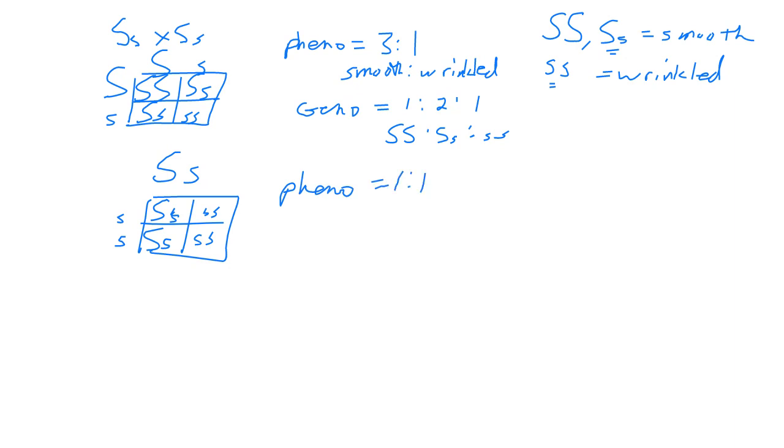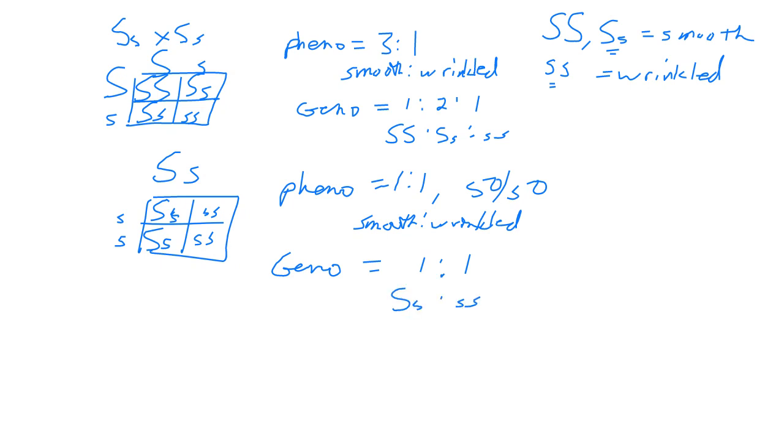It's a 1-to-1 or 50-50 or 0.5 and 0.5 or 1/2 and 1/2 of smooth to wrinkled, right? Half the offspring are going to be smooth, half the offspring will be wrinkled. When they ask you for the genotypic frequency, again, it's 1-to-1 or 50-50 or 1/2 and 1/2. So they're the same in that case.